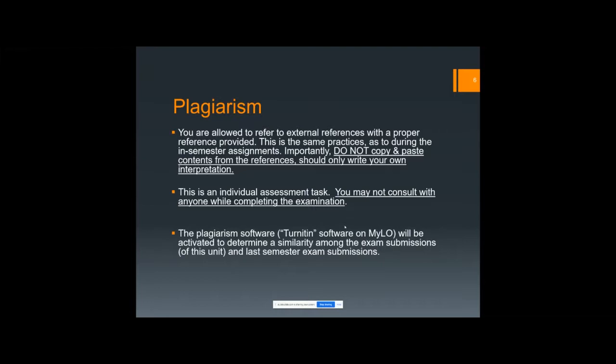That means the software will give us the output of similarity and what it is similar to. So you don't want your exam to turn out paragraph by paragraph exactly the same as your friend's. Even though in the exam preparation you could study as a group, you can study with your close friends, it's okay. But when it comes down to writing, don't just copy and paste what everyone has a copy of.